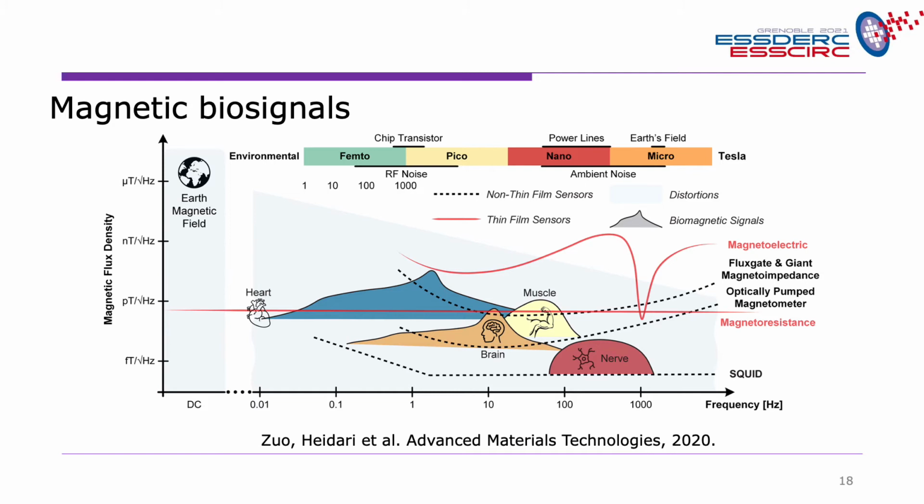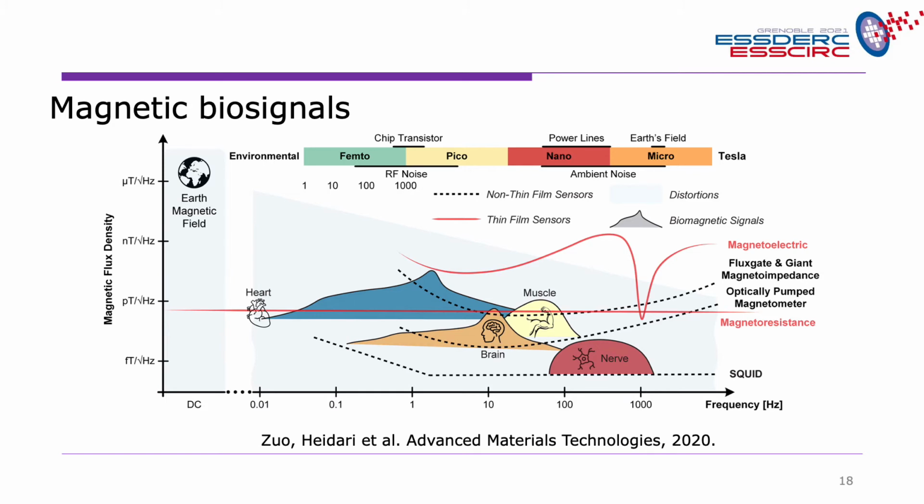Currently there are existing optically pumped magnetometers. There is a group from Nottingham working on OPM sensors for wearable MEG, magnetoencephalography, with sensors manufactured by the company QuSpin.